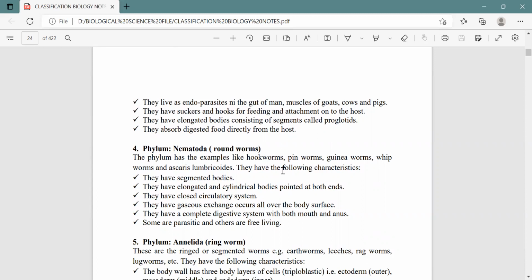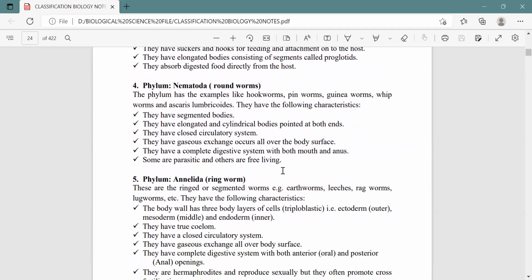They have a complete digestive system with both mouth and anus. And although some are parasitic, others are free living. They don't feed on their hosts, they're free living.